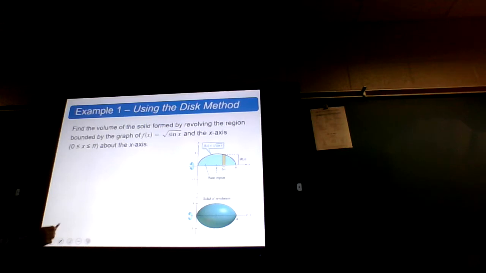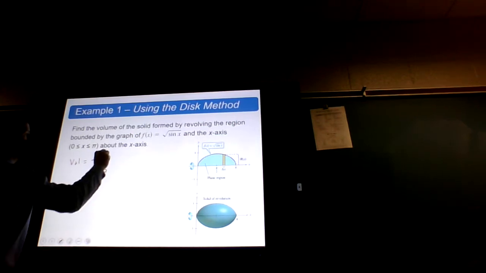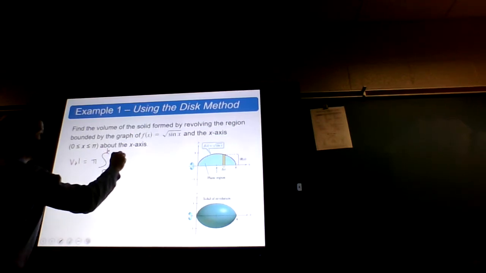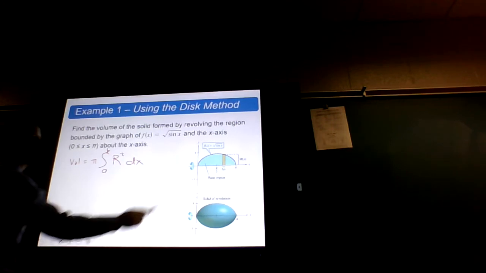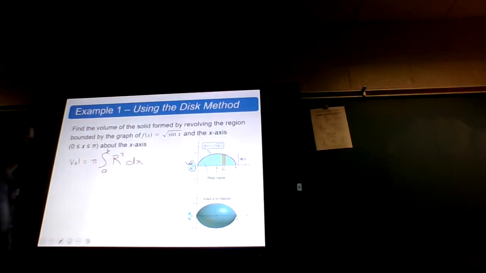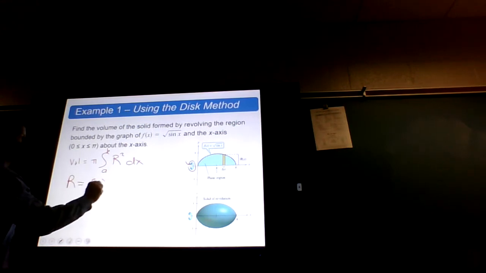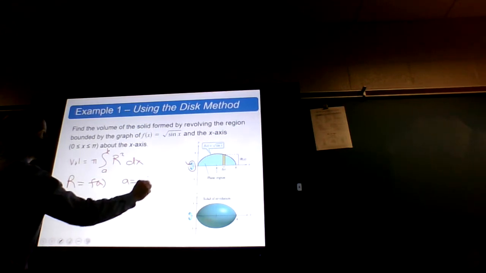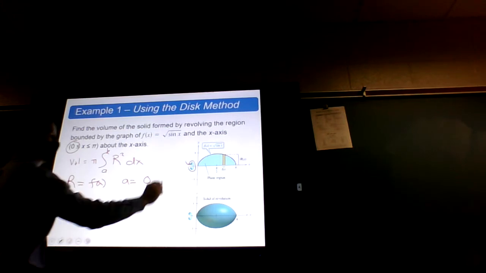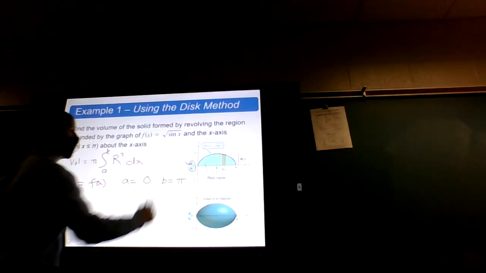Okay. So our formula for the volume is pi, integral from a to b of our big radius squared with respect to x, because we're spinning around the x-axis. Big R here is simply our function f of x. A is going to be 0, that's where we're starting. And b is going to be pi, that's where we're ending.